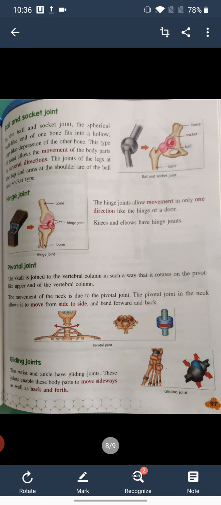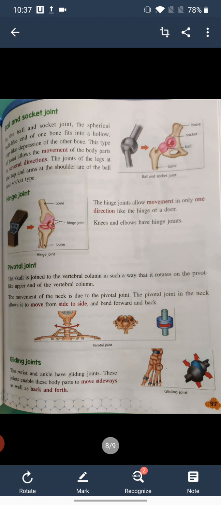Now we will describe movable joints, which are of four main kinds. First is the ball and socket joint. In the ball and socket joint, the spherical ball-like end of one bone fits into a hollow cup-like depression of the other bone.